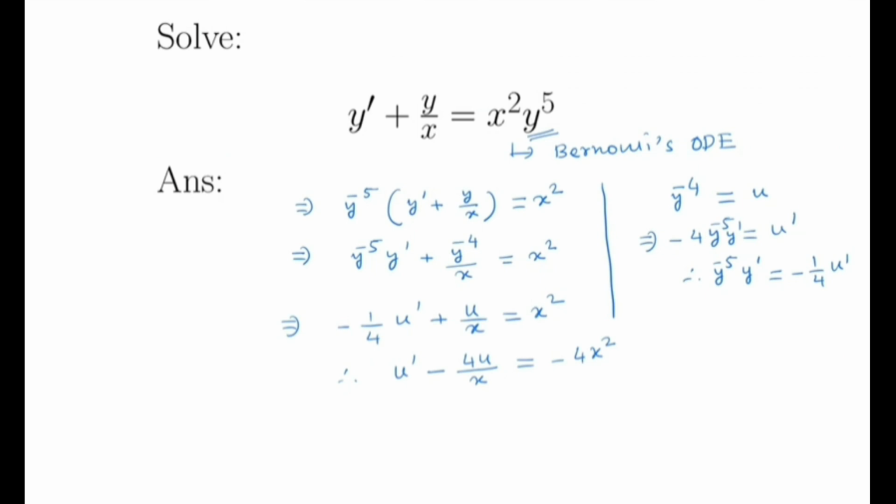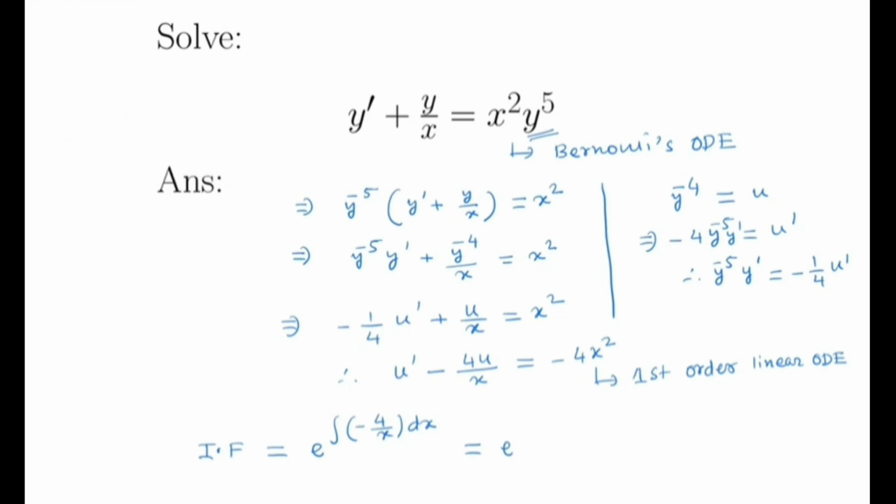So here we get a first order linear ODE. And we will solve first order linear ODE by finding the integrating factor. So here the integrating factor is e power integration of the coefficient of u, so minus 4 by x dx.